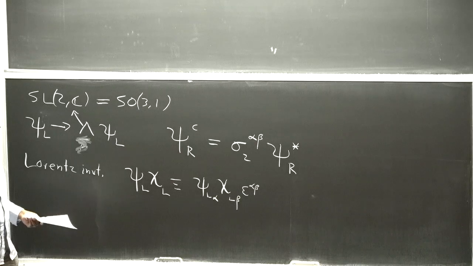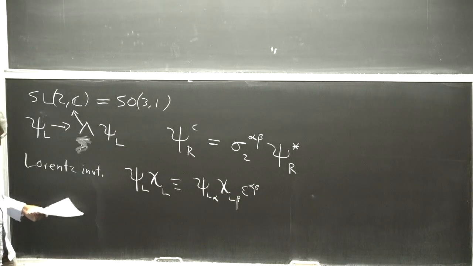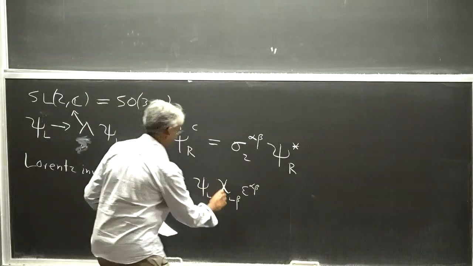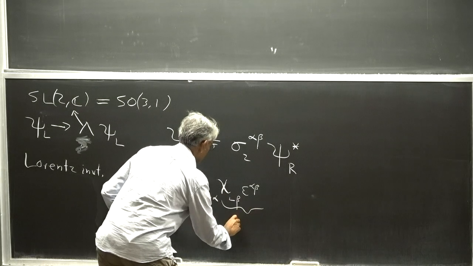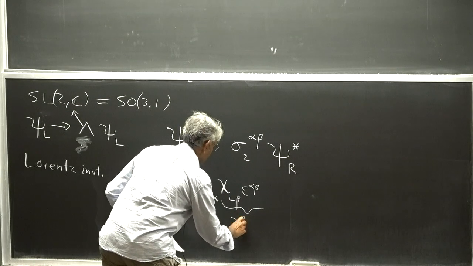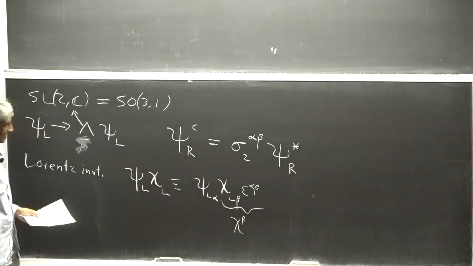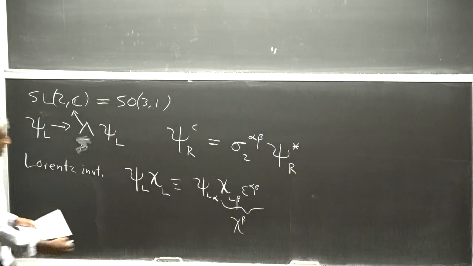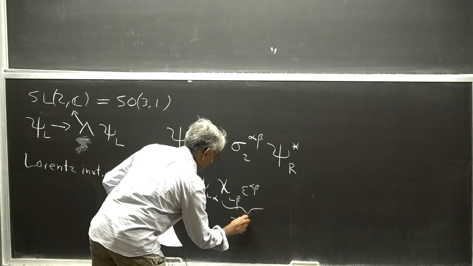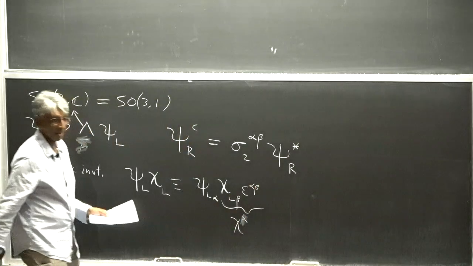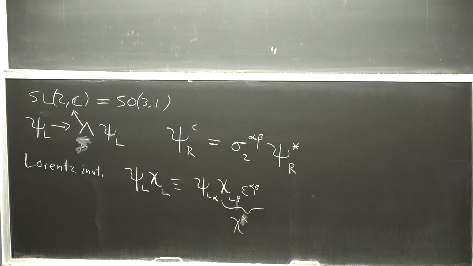And one can check, given this definition, that it is a Lorentz invariant. And we often just write this as the raised χ, or the β being raised, raised α. Okay, that we raise these spinors with respect to epsilon rather than the Minkowski metric or anything like that.